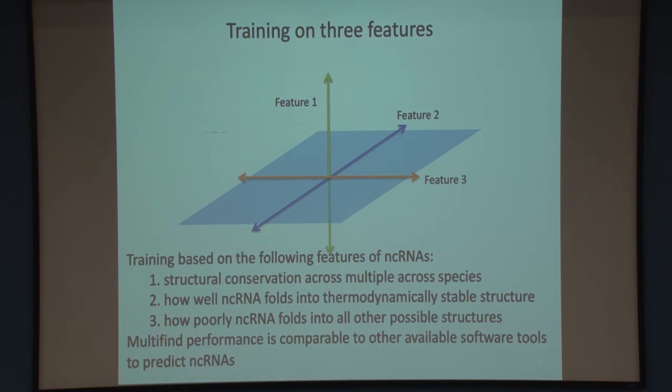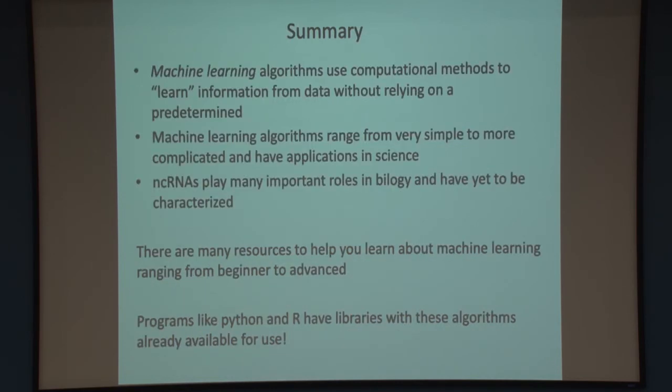So in summary, machine learning algorithms use computational methods to learn information from data without relying on any predetermined function. They range from very simple to more complicated, and they have many applications in science. Non-coding RNAs also play important roles in biology and have yet to be characterized.